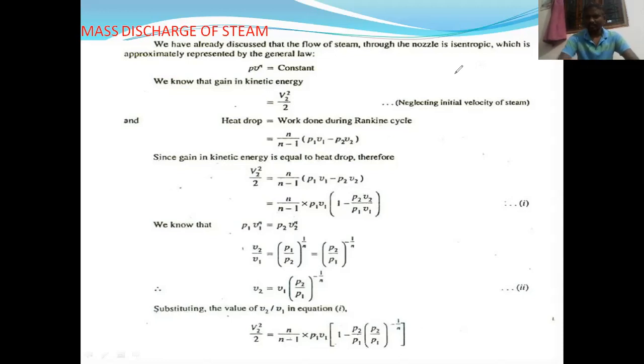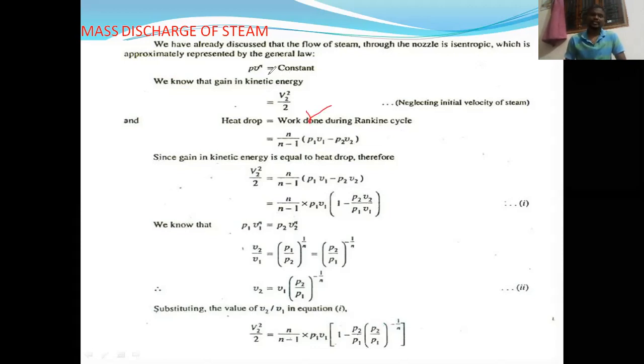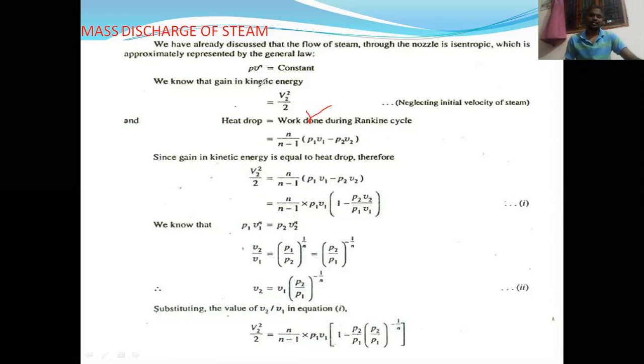And also, we know that the gain in kinetic energy for the nozzle is equal to V2 square by 2, that we have seen in the previous class. When steam is expanding isentropically, we can write the general isentropic law Pv to the power of n is equal to constant, and also the gain in kinetic energy for the steam at the exit of the nozzle is V2 square by 2.